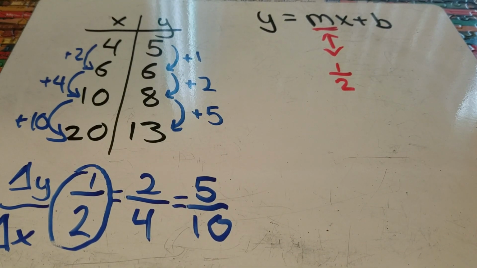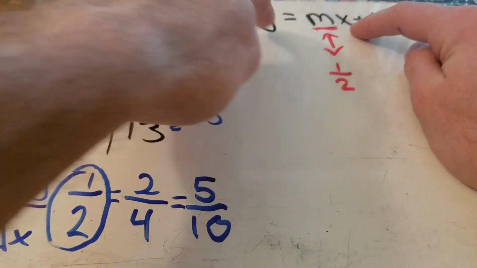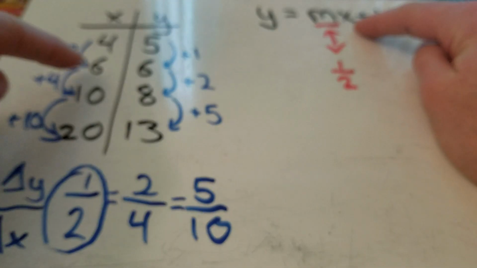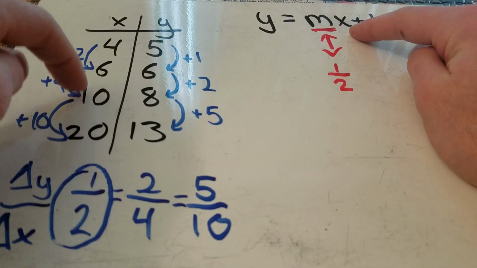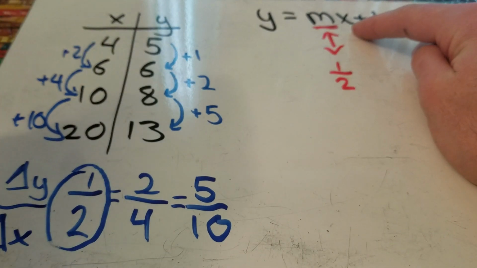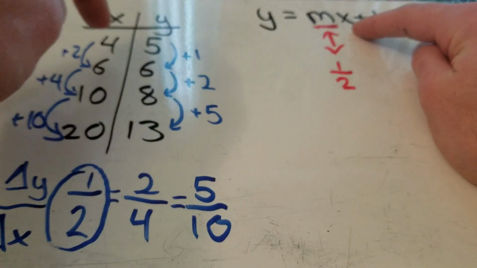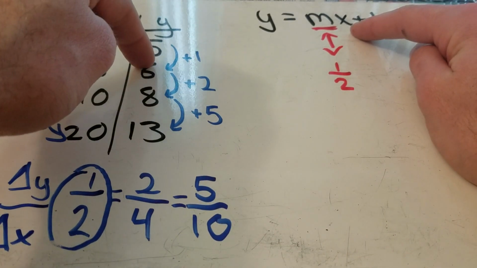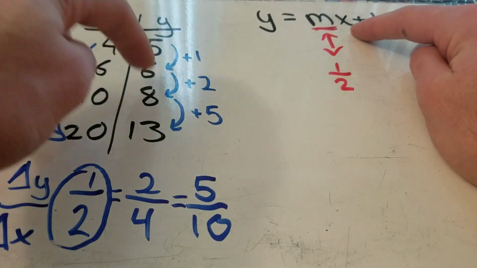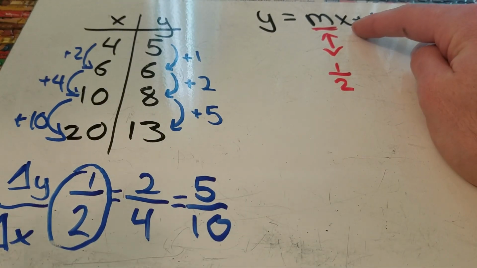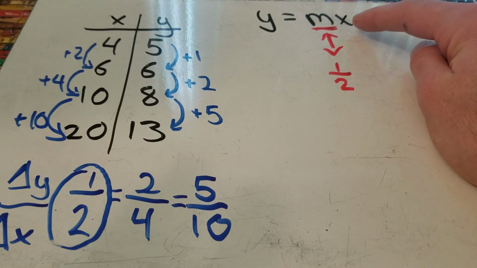I also have a bunch of x and y's from this table. If I just want to take an example, one of these pairs from the table, I can plug in like 4 for x and 5 for y. Or if you think 6 and 6 would be easier to work with, you just have to pick one of these ordered pairs to plug in.